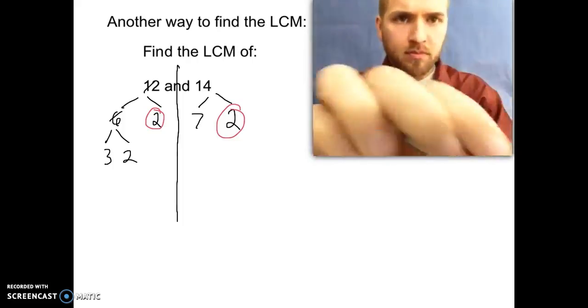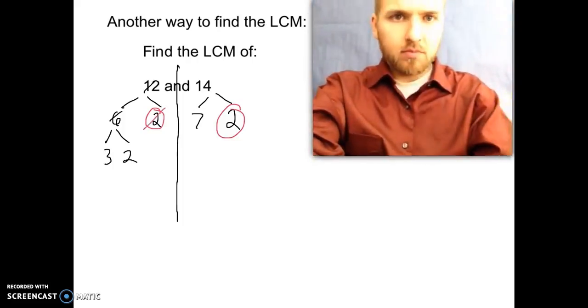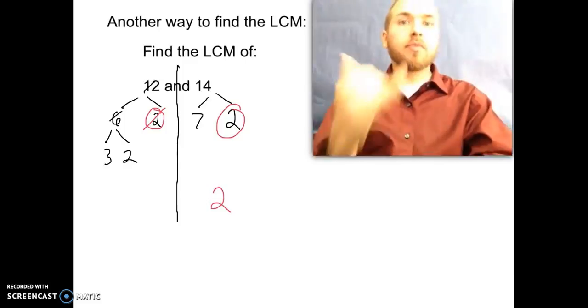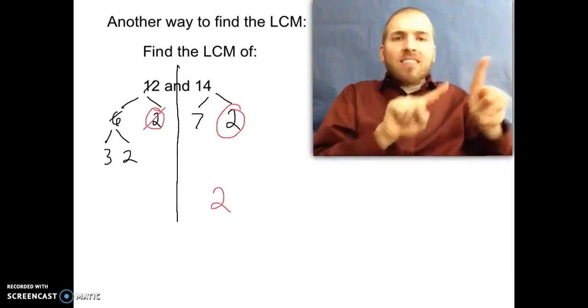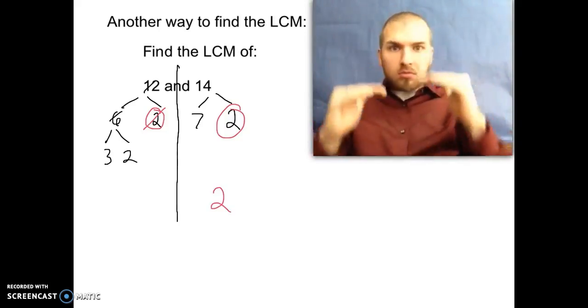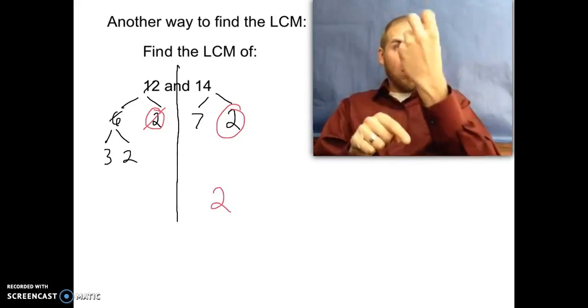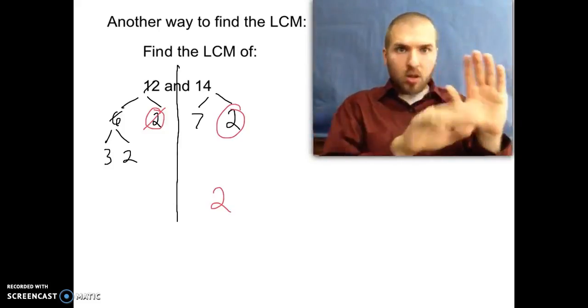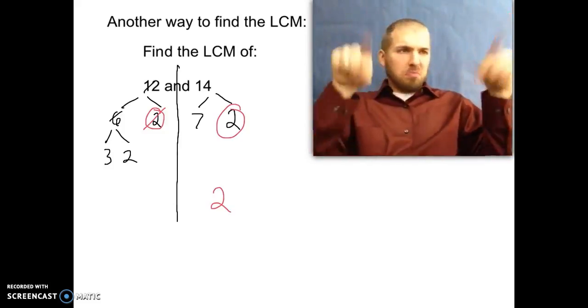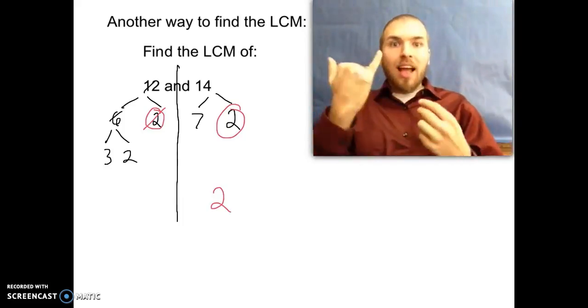I know that 12 has two 2's, but you'll just need 1. Now looking at the factors of 12, so 3 and 2 and 2, and then 7 and 2, the 2's cancel each other out.